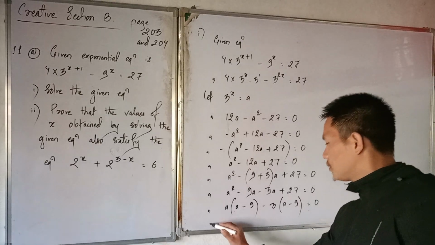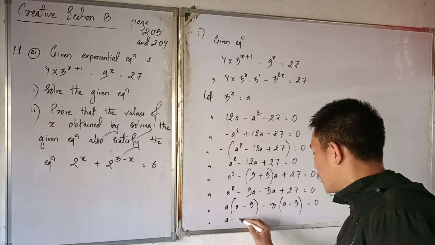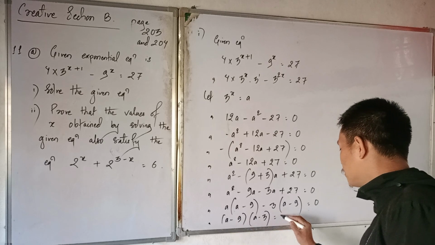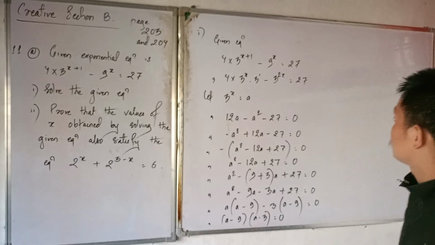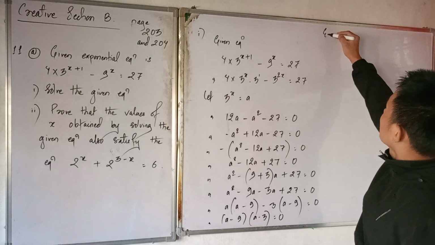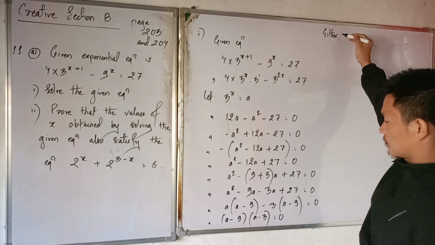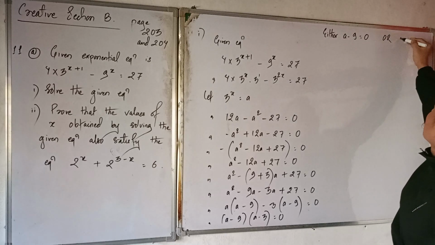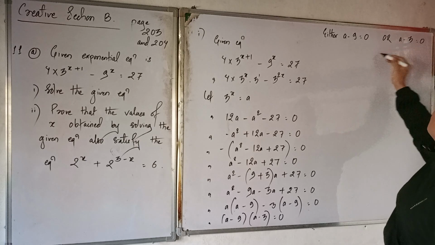Now you just write here a minus 9, another a minus 3 equals to 0. Now you can do either a minus 9 equals to 0 or a minus 3 equals to 0.